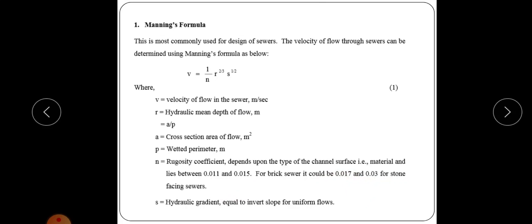Next is S. S is the hydraulic gradient, equal to the ground slope for uniform flow, that is the head drop between two points divided by the length. So this is Manning's formula, V equals 1/n R raised to 2/3 S raised to 1/2.